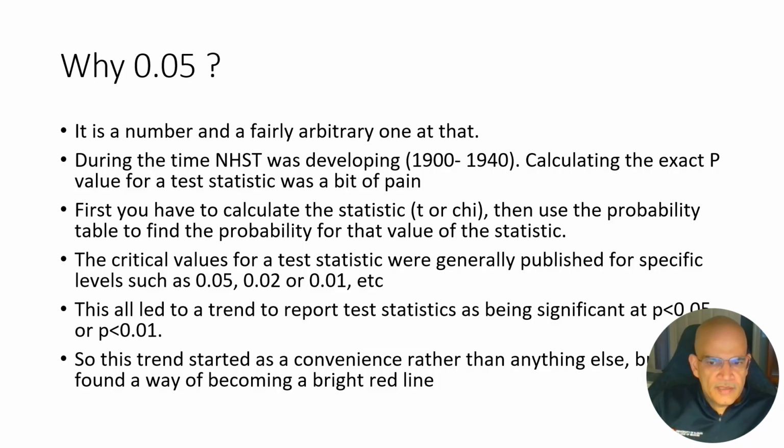So you can't calculate the p-values like now with an infinite resolution. Statistic critical values were given for specific levels only, so we had to apply some number, so 0.05 or 0.01. So this started as a convenience, but then it became a red line that it has to be 0.05.